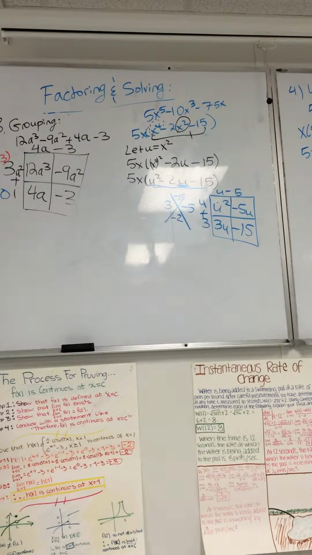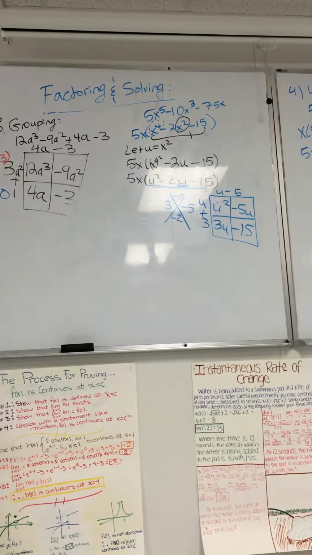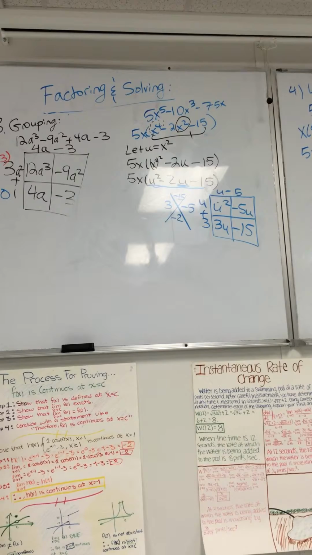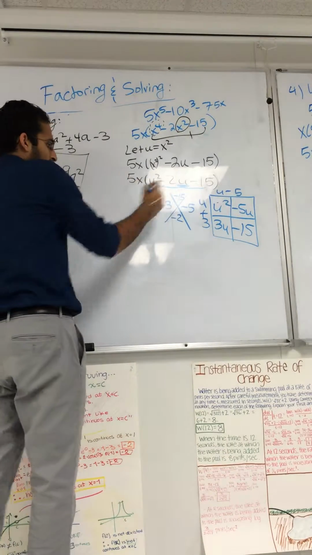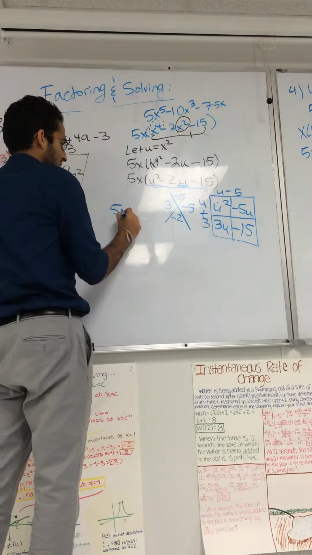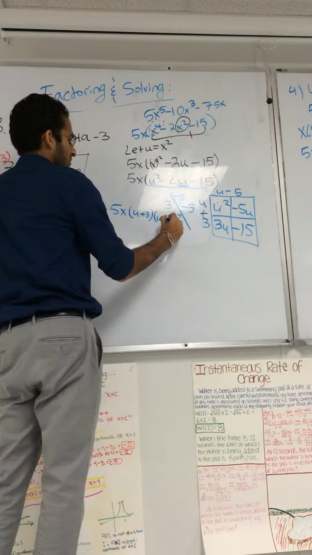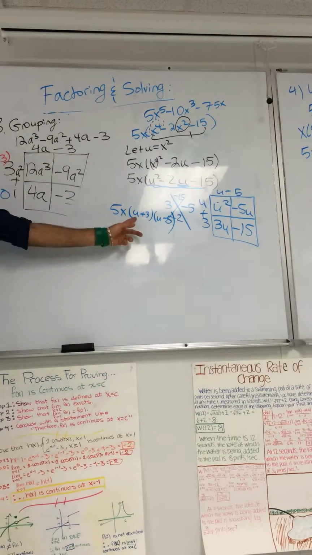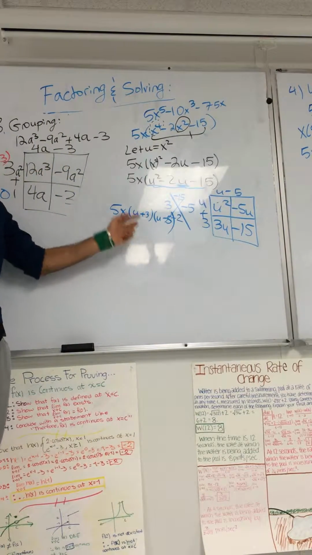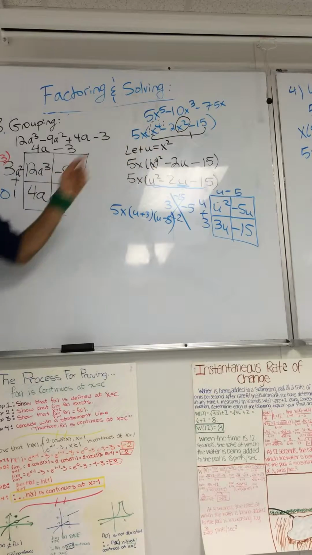Jasmine? When you solve for the roots, you still put plus or minus? Yeah, we'll do it. So now, this really factored to 5x times u plus 3 times u minus 5. But I don't want to leave the u's. I want to replace them with the x's. So what do I get?